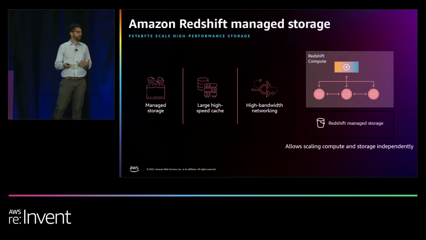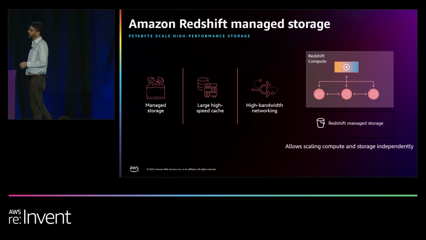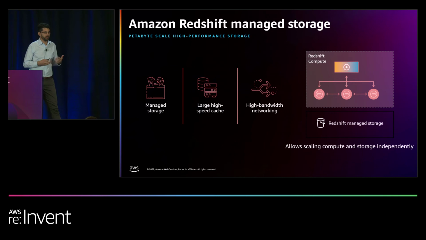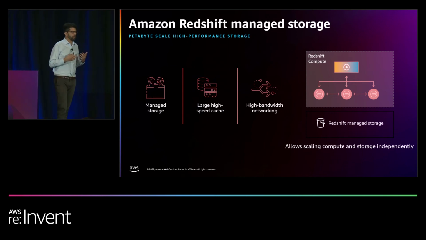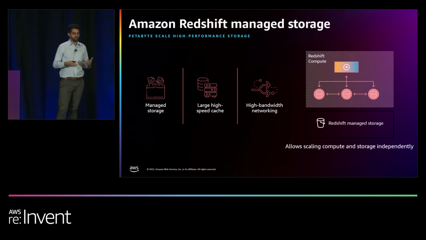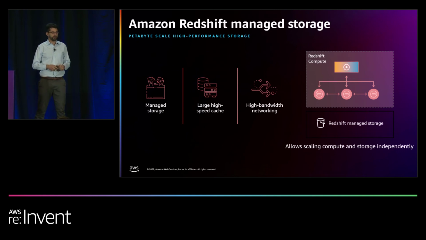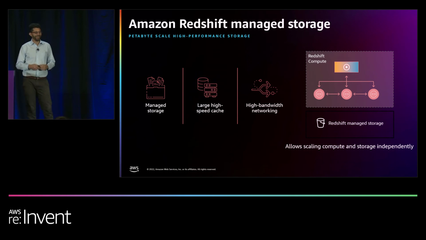Likewise, on the Redshift side, we have Redshift managed storage, which enables you to scale and pay for compute and storage independently, so you can size your cluster based on your needs. The Redshift storage nodes are built on the AWS Nitro system and feature high bandwidth networking and performance that's quite fast, really.